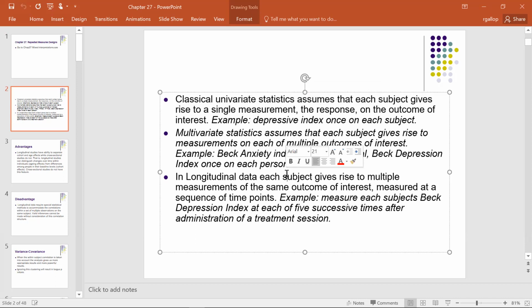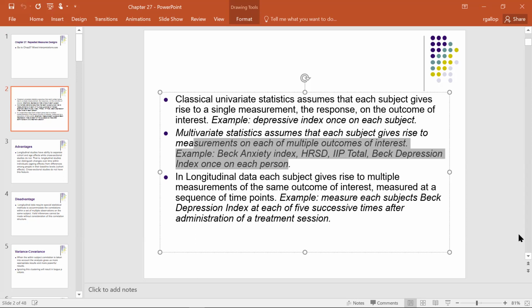Now, if you take the MANOVA class, the multivariate analysis of variance, it is not fitting repeated measures but simultaneously modeling multiple measures at a specific time point as Y. In other words, these measures are a vector of Y, where the first dimension is the Beck Anxiety Index, the second the Hamilton Rating Scale, the third the Inventory of Interpersonal Problems, and the fourth the Beck Depression Index. We're not going that route.